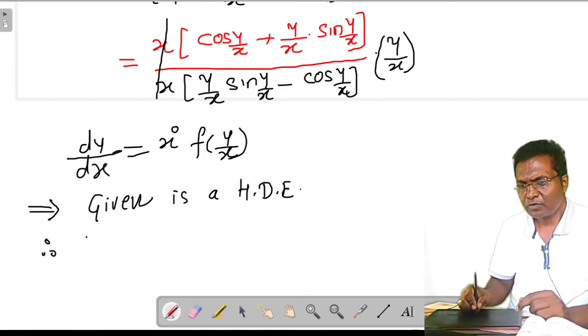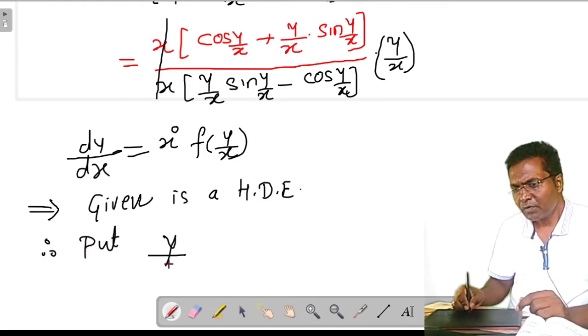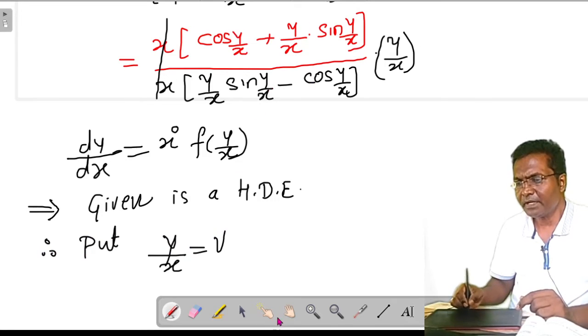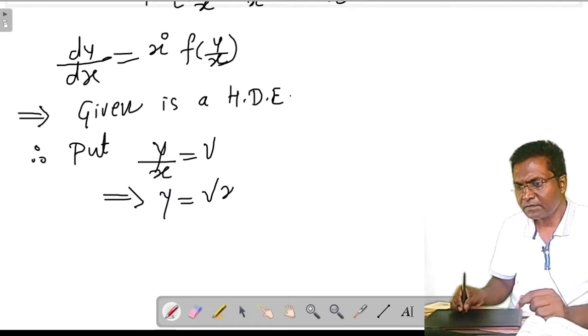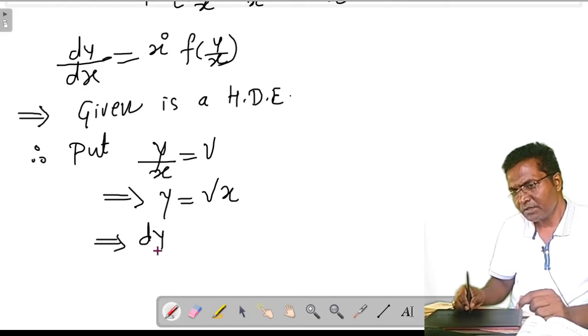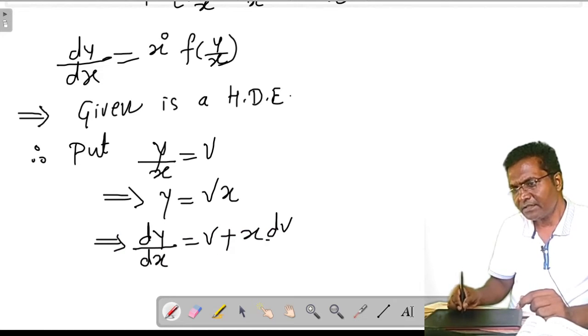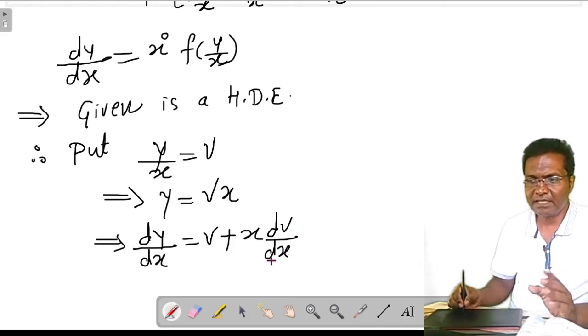So therefore, put y by x equal to v, because each term is in the form of y by x. So this implies y is equal to vx. If we differentiate this with respect to x, you will get dy by dx is equal to v plus x dv by dx.